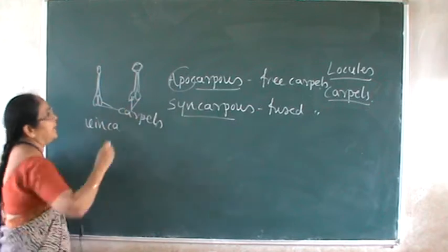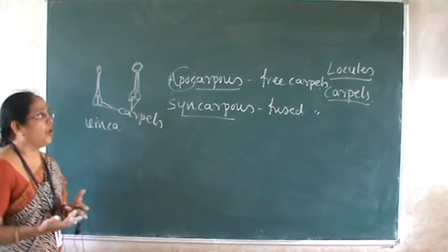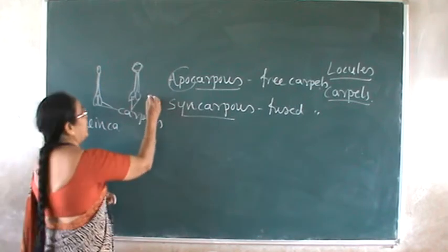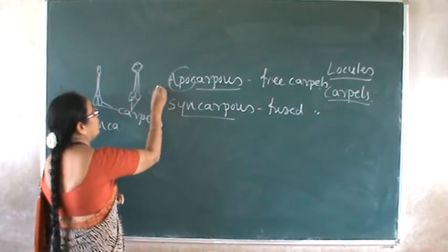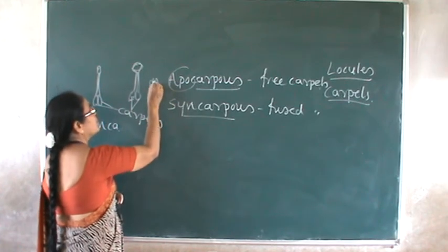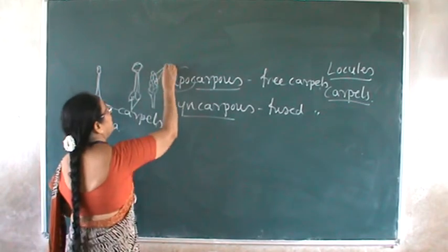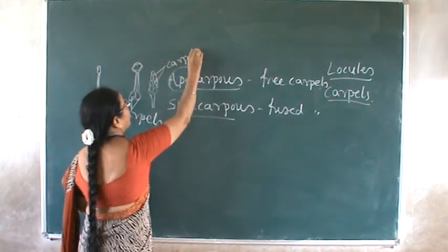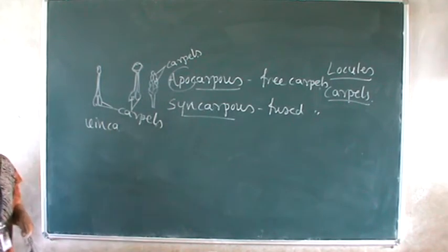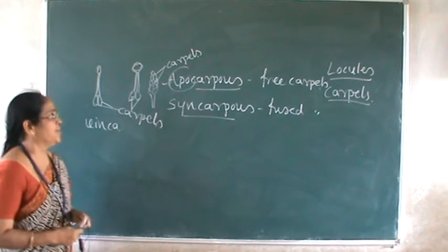These are the two carpels. They are free. Externally only you can make out whether it is apocarpous or syncarpous. A very good example is Michelia champaka. You will find that these structures are freely arranged. These are the carpels in Michelia champaka. So we can make out all the carpels are free from each other. In that case, the ovary is described as apocarpous in nature.